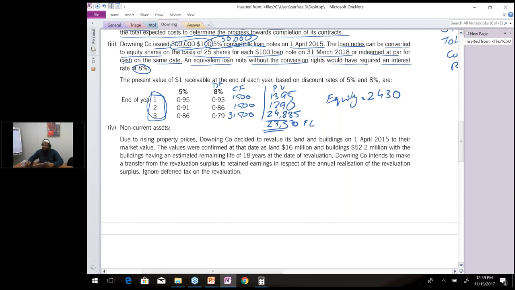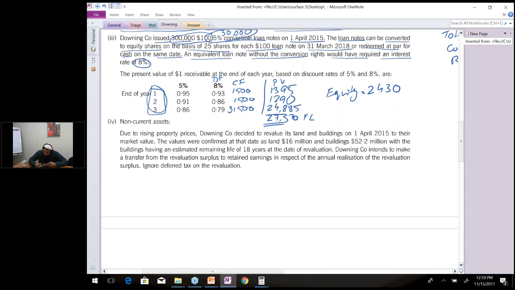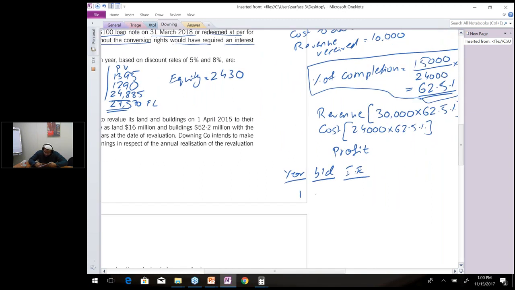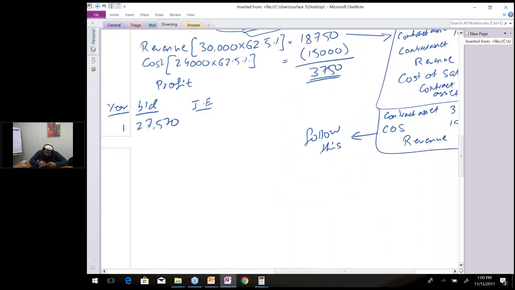So this is how we have divided it between liability and equity, and then we have to prepare a table with year, brought down, interest expense. Year 1 brought down is going to be 27,570. Then we have interest expense, then interest paid, amortization, and carried down. So interest expense will be calculated using the 8% discount factor.